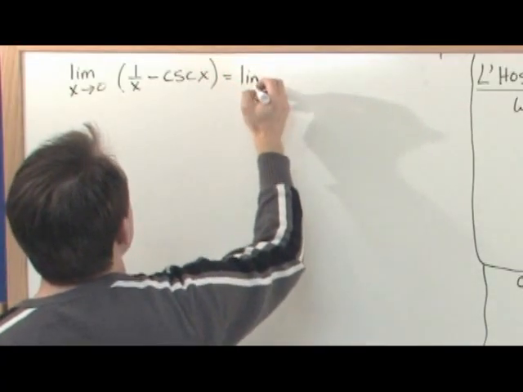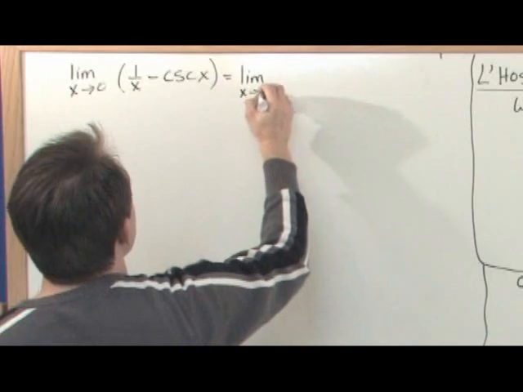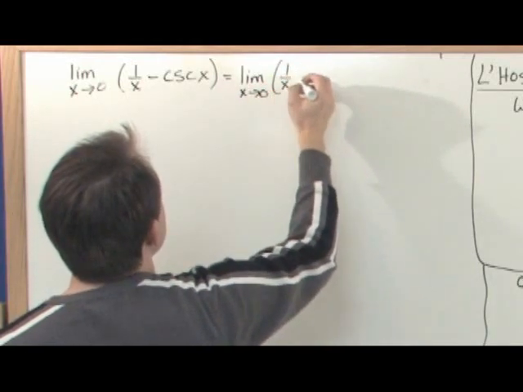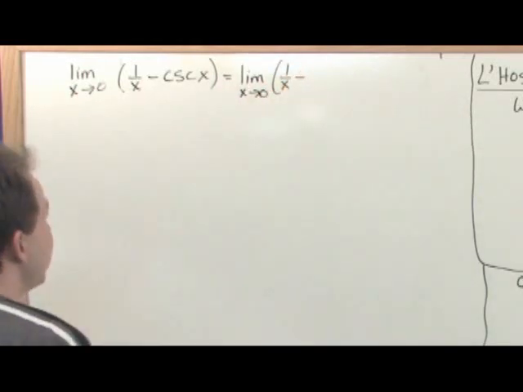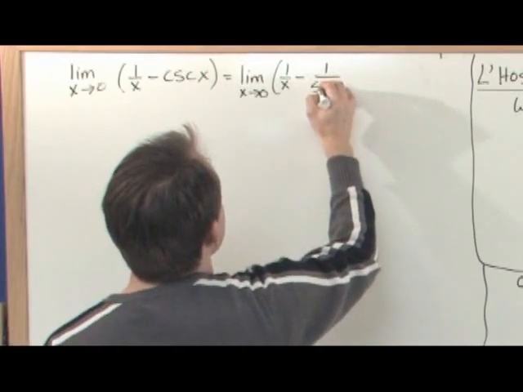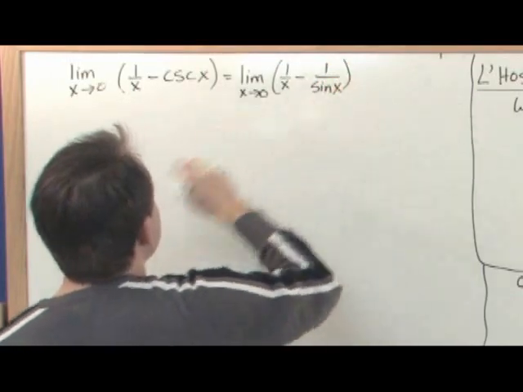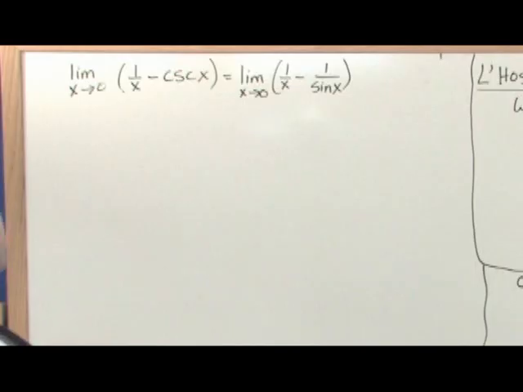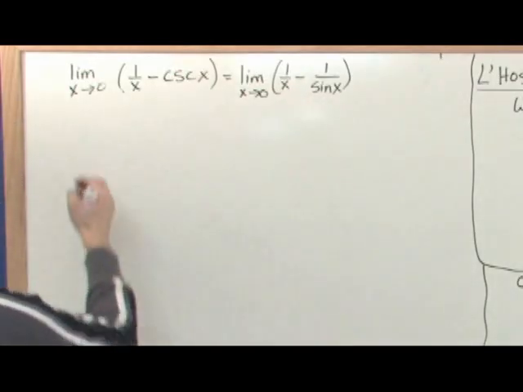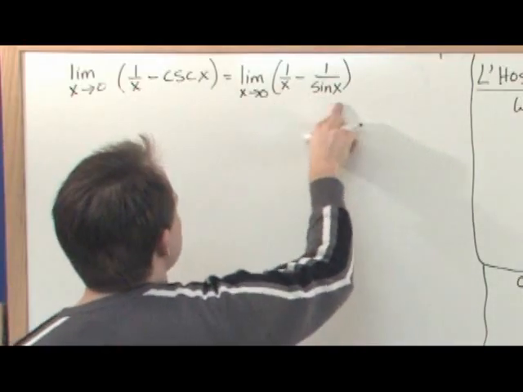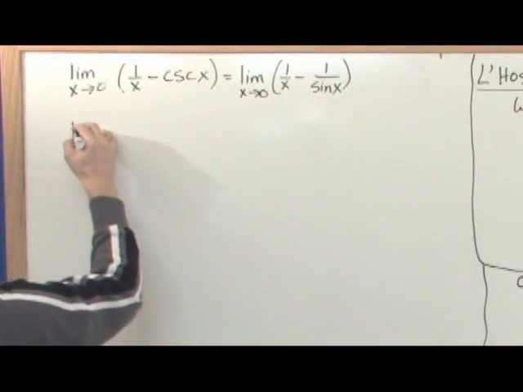Limit as x goes to 0 of 1 over x minus, and I'm going to change this cosecant into 1 over sine of x. We just did that. And that's just a definition. Cosecant is 1 over sine of x. And now I want to find a common denominator here. So how would I do that? When you want a common denominator and nothing is really common between them, you just start multiplying.